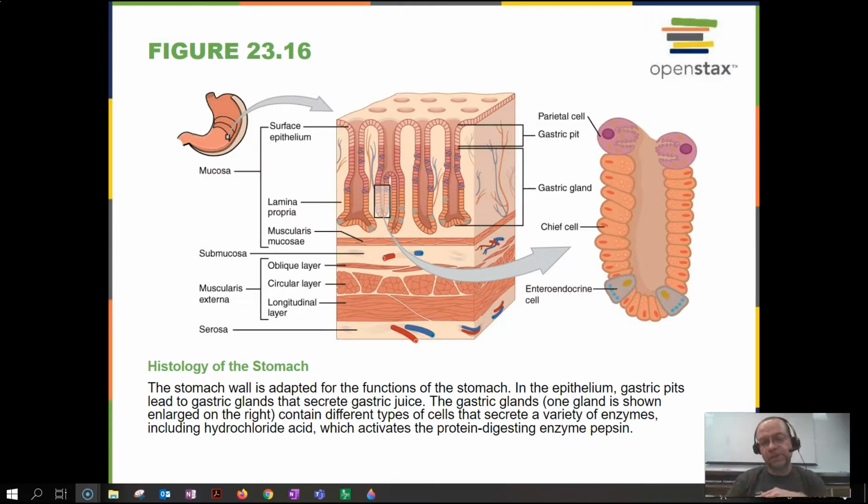The gastric juices are the secretions combined with the food, and we call that chyme, C-H-Y-M-E. It's a liquidy substance where the mechanical digestion has gotten to a point where the food is made up of very small particles, and as we said, chemical digestion has started. So chyme is the term for the liquidy stomach contents that get squirted out periodically through the pyloric sphincter.